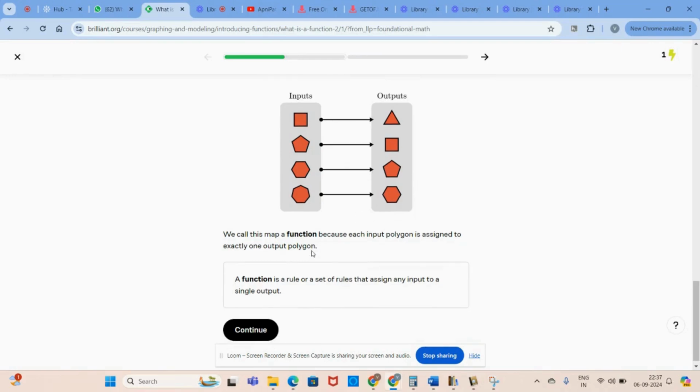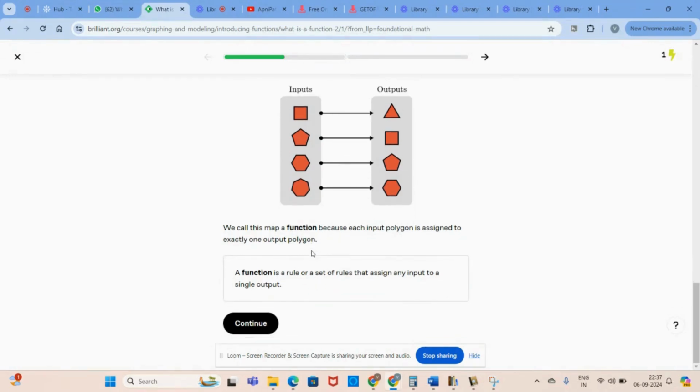So with that in mind, let's come to the definition of what a function basically is. So it's a mapping, right? A mapping between two groups, and this mapping is done by a rule. That's why the definition says a function is a rule or a set of rules that assigns any input to a single output.